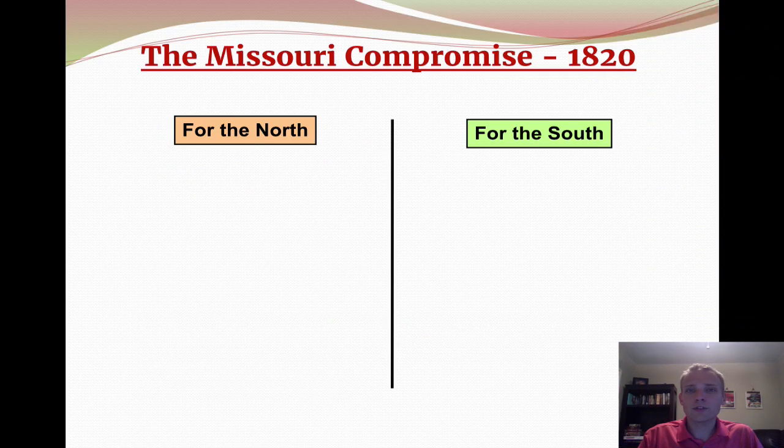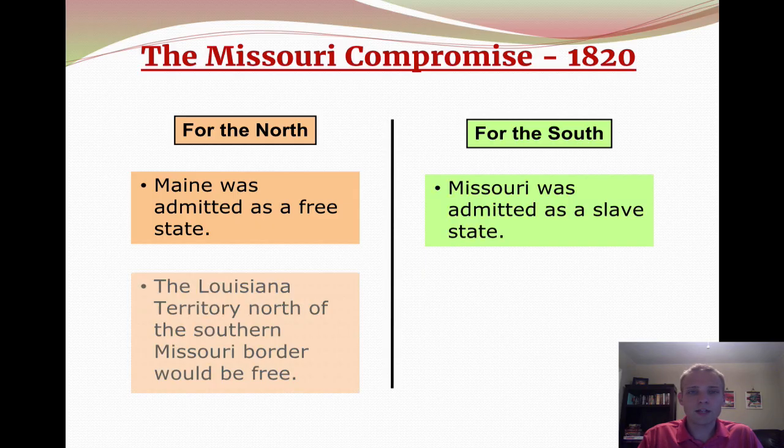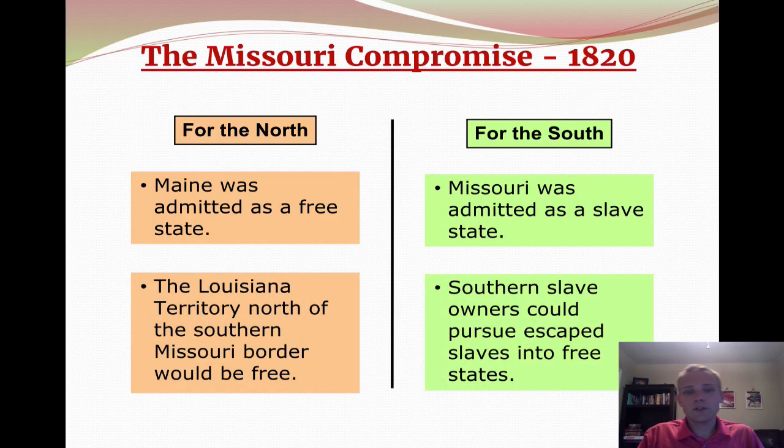A couple other things come with the Missouri Compromise. For the North, obviously, Maine becomes a free state. For the South, Missouri is a slave state. And these two important pieces are necessary to understand how it still increased some of the tension. The Louisiana Territory had still been unorganized at this time.